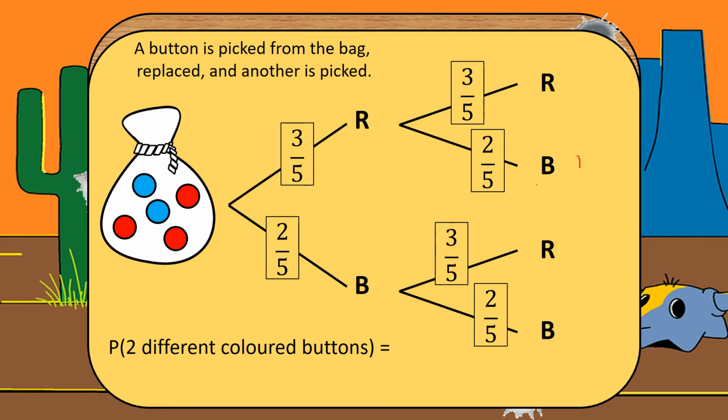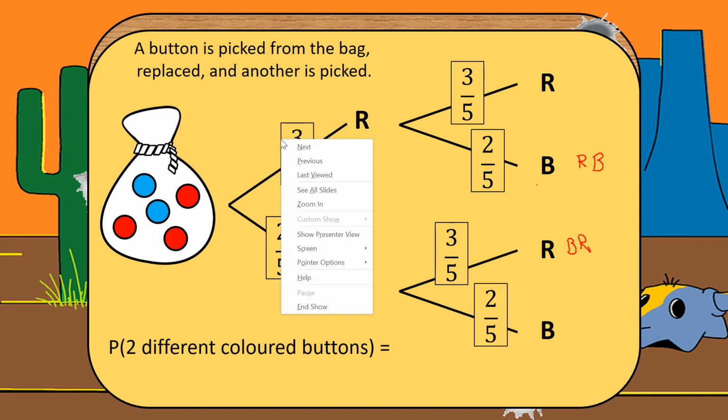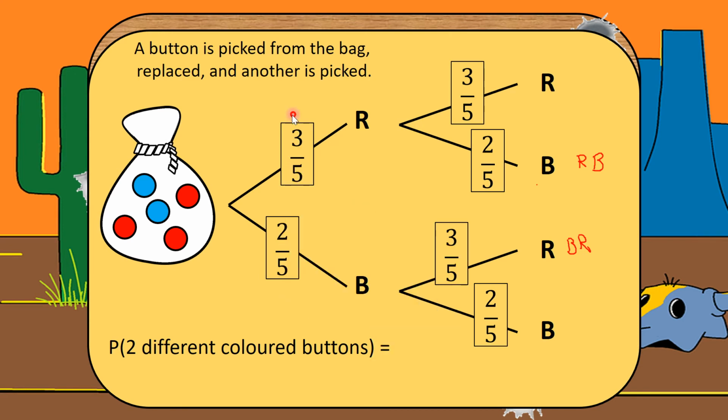So we could either go red, then blue, or blue, then red. So we've got to multiply along both of those. So we've got to look at our 3/5 and a 2/5, or it could have gone the other way around. So 3/5 and a 2/5, or 2/5 and then a 3/5.